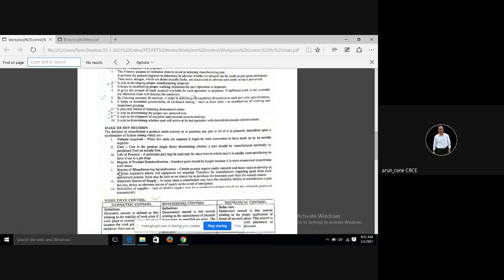Then make or buy decision also depends upon the type of the product. A particular part may be used only for a short time, in which case it is usually more satisfactory to manufacture. So if the life of the product is less, that is, it is to be used only for a short time, sometimes especially it happens with the FMCG industries.